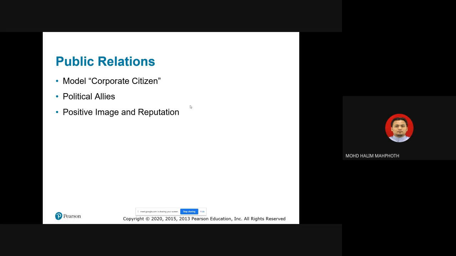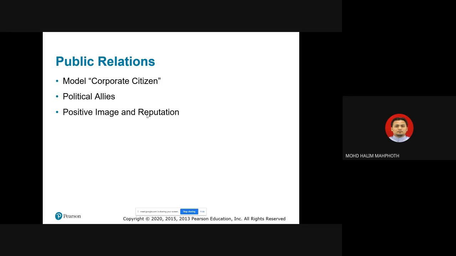The other one is more toward public relations. Public relations is how the company engages with the consumer itself, through certain messages, corporate citizenship, and political allies. In some countries you have to go to these political allies, because they want to seek benefit, as they know your company has a reputation in their country.